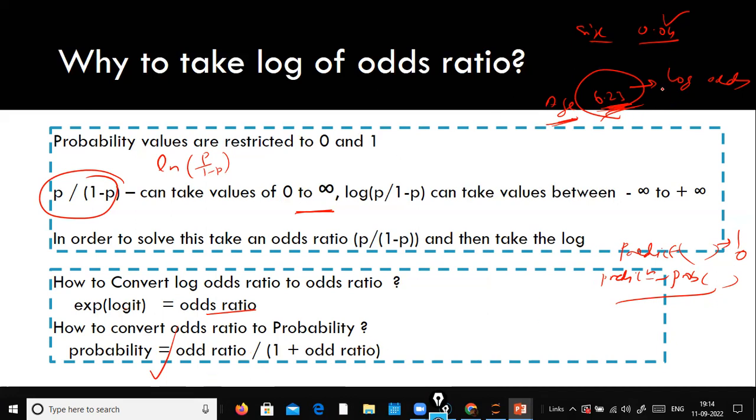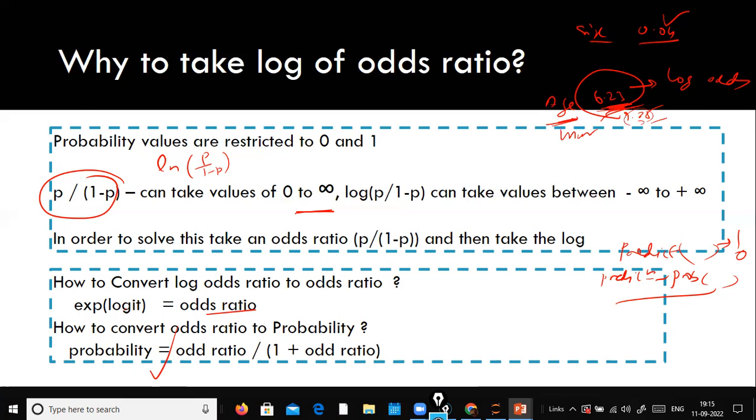But when you look at the coefficient values, the slope for age is 6.23, and for income you have something like 7.25. The coefficient values will be in log odds ratio.